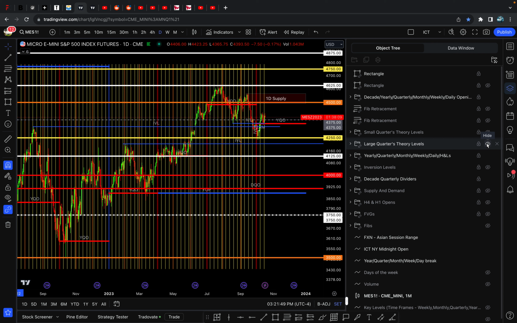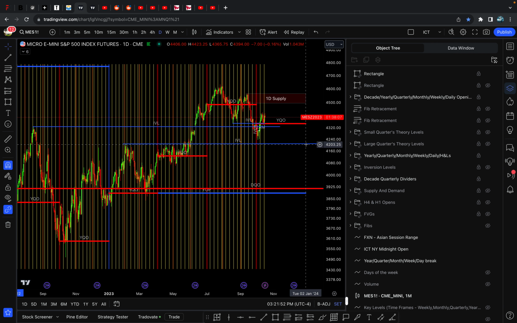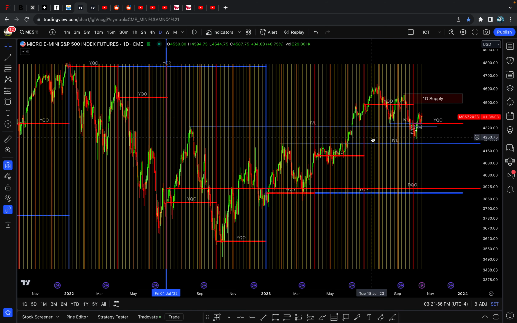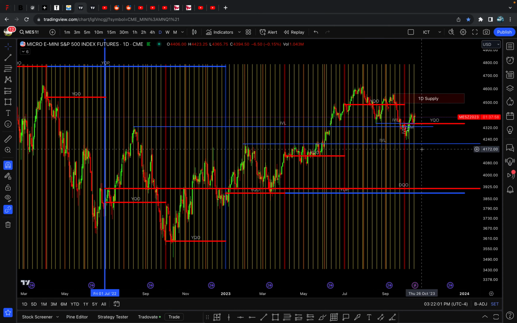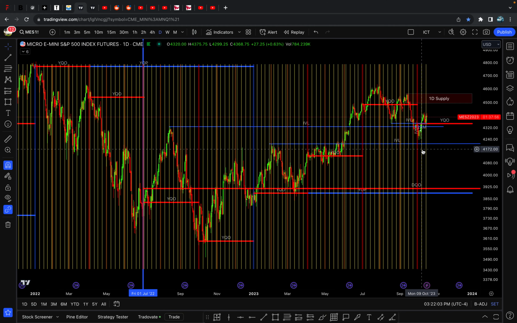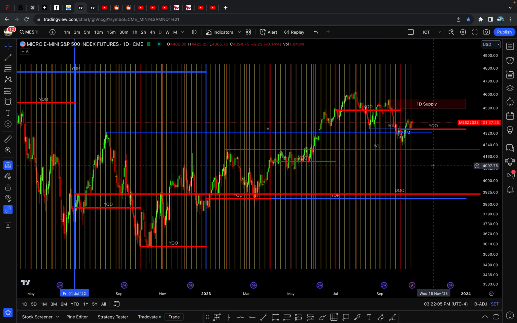But at the same time, it's important to have these major highs and lows marked out as well. So I do have those on there, and I hope it's not too confusing.